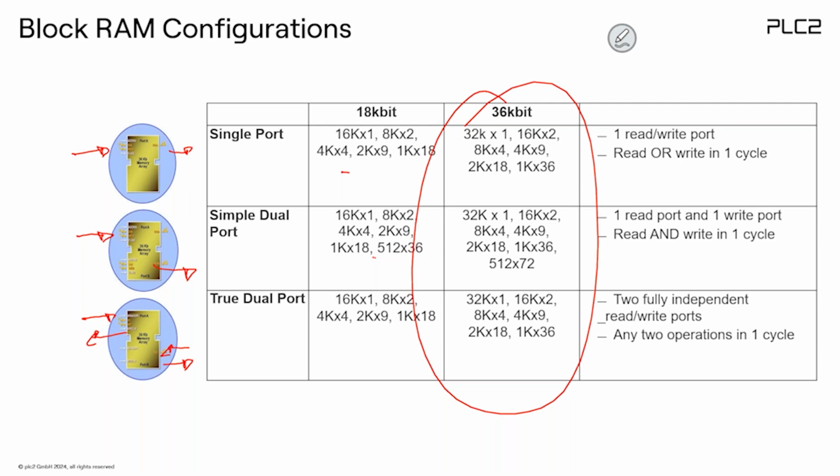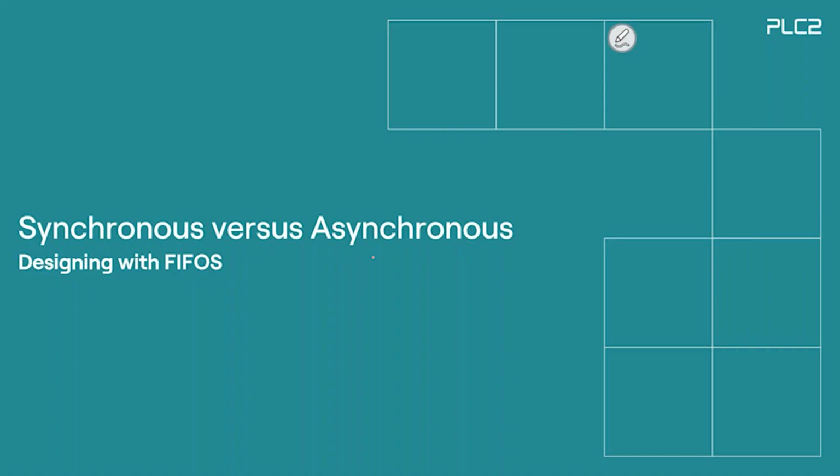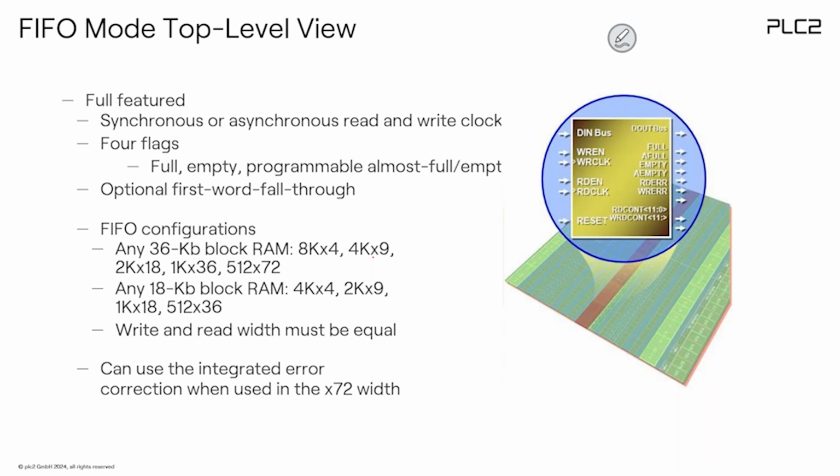Again, I prepared some examples of how to access this type of RAM, but I will present this the next time. And the FIFO is just a different storage. We write data in with the write clock and read the data out with the read clock.